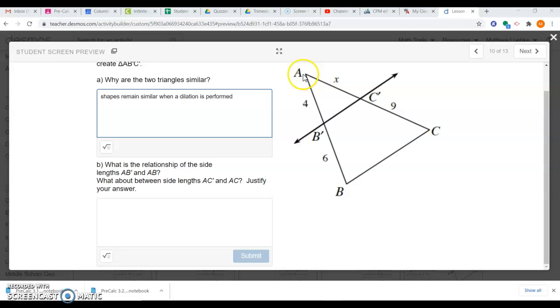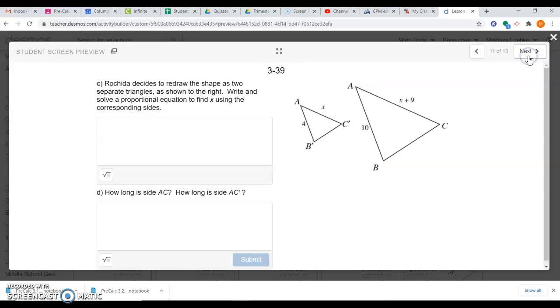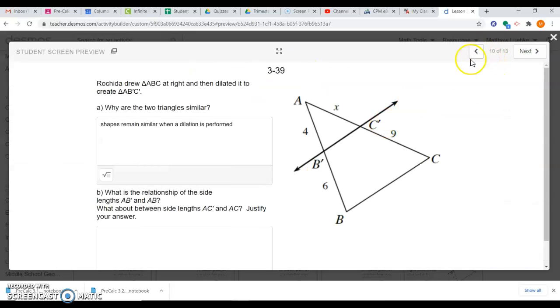What we can also say is that AB prime and AB are going to be proportional, because like I said in the first part, they are corresponding sides of similar figures, and corresponding sides of similar figures are proportional. And so we can state that here in the bottom box, either that they're proportional or that they're corresponding or both.